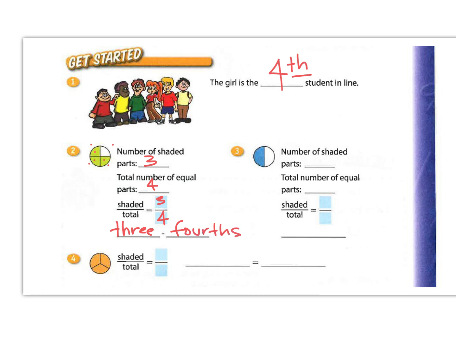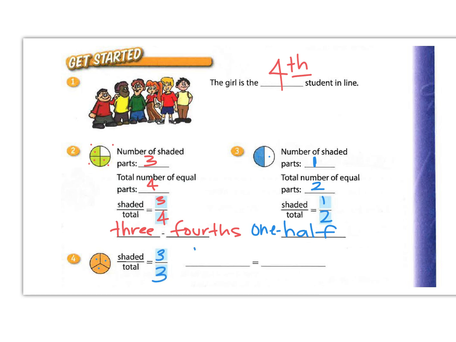Here, number 3 says the number of parts shaded. We just have 1 part that's shaded, and there are 2 parts. So 1 out of 2 parts, you would say 1/2. Here we have 1, 2, 3 parts are shaded out of 3 total parts.